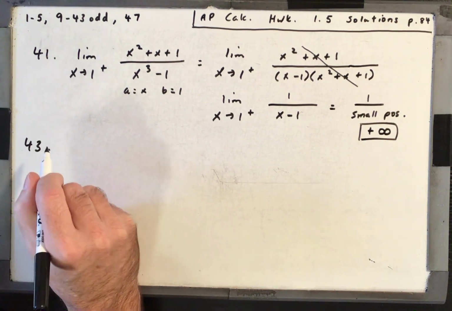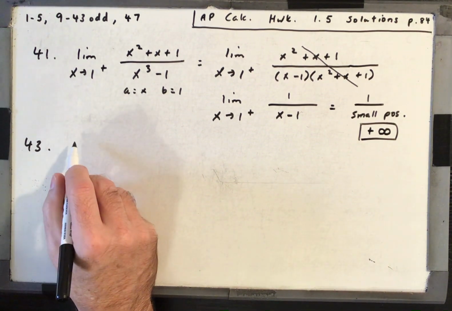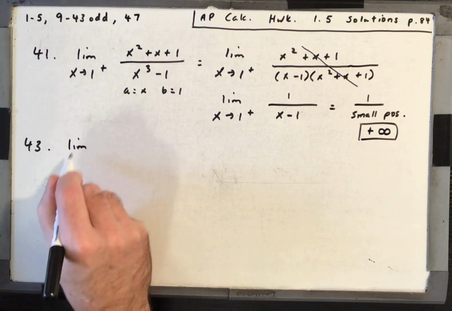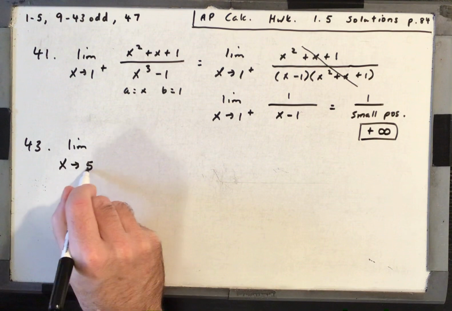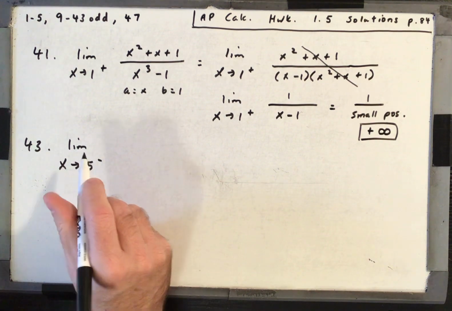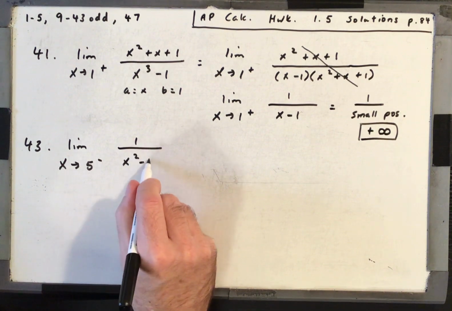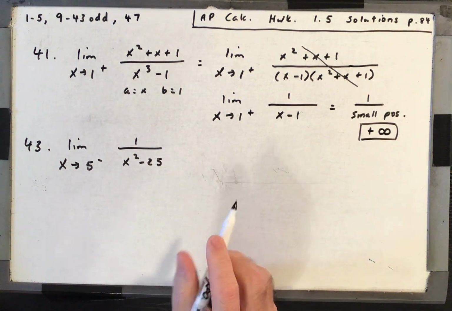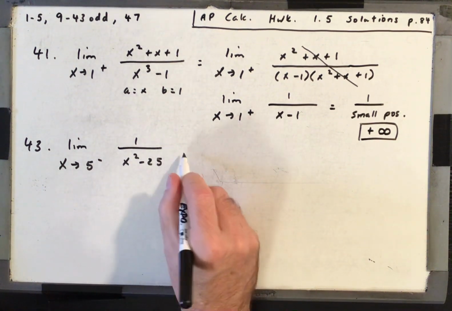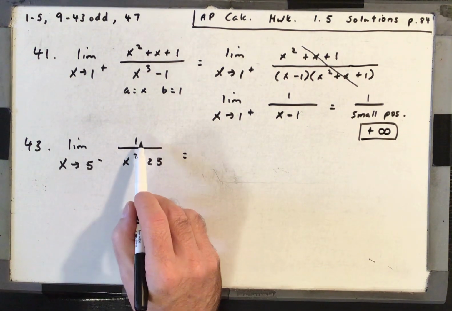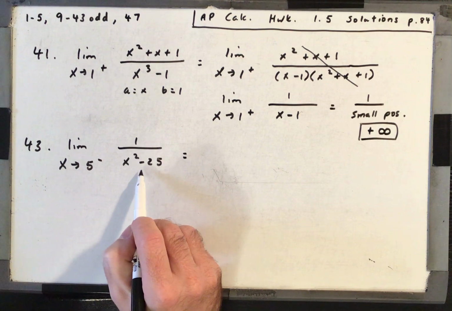43. We're taking the limit as x approaches 5 from the left of 1 over x squared minus 25. Okay, so on top there's nothing that'll cancel out, so we've got a non-zero over 0 situation here.